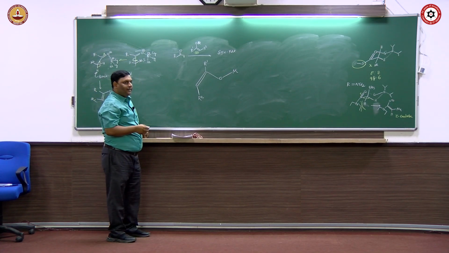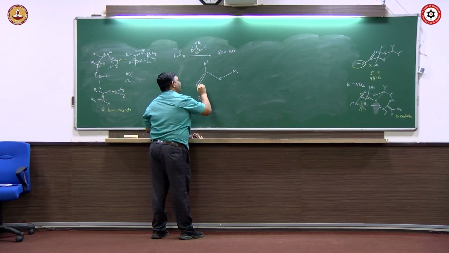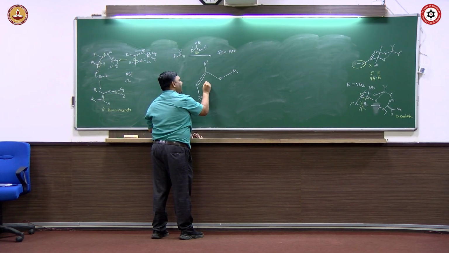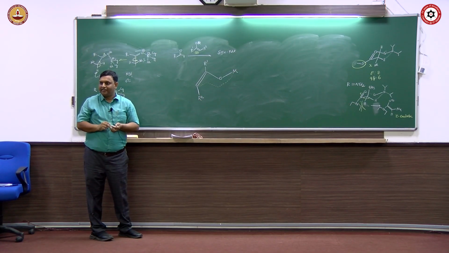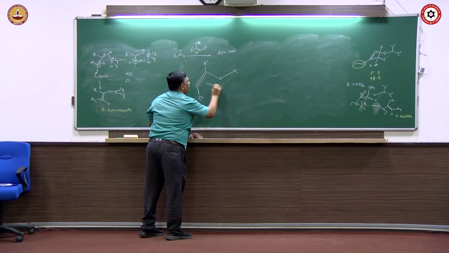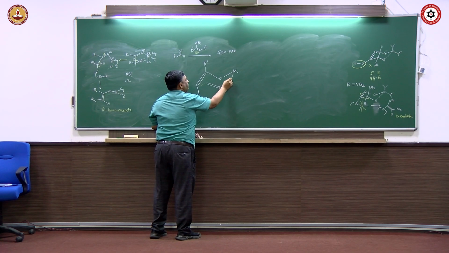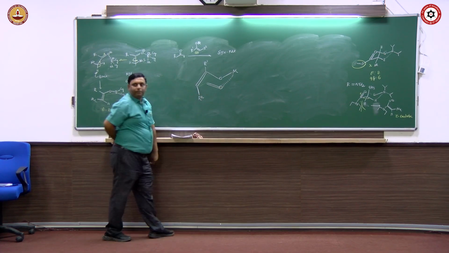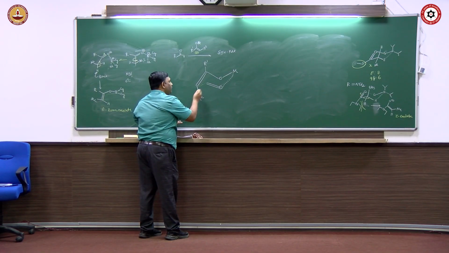I would like to make a six-membered transition state in combination with the enolate. I am just trying to draw how it is supposed to look if I have a six-membered, chair-like transition state. So I am placing the aldehyde at this position, and then this is the coordination of the metal, or boron, or whatever you are thinking, and this is the bond which is going to be formed with the enolate.